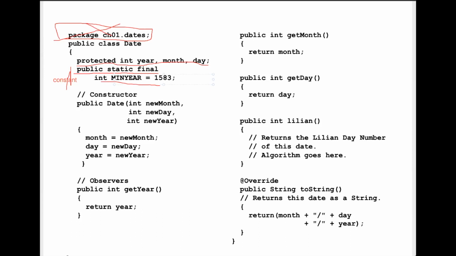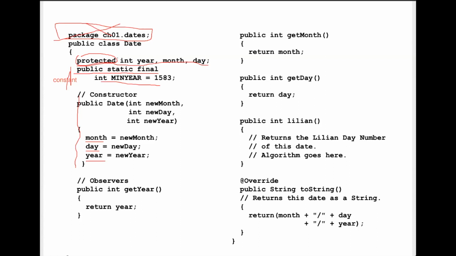So this is just a blueprint, and it's showing you that there is a public constructor, and this public constructor takes these arguments at runtime, and it dynamically assigns the value of what gets passed in these arguments into month, days, and year variables respectively. The reason why this is protected is because when a variable is protected, it has both package and subclass visibility, meaning if somebody were to inherit date as a subclass, that subclass would have access to this year, month, and date.